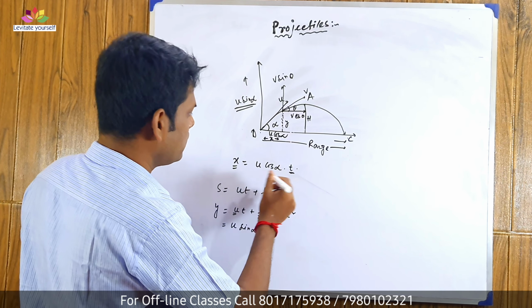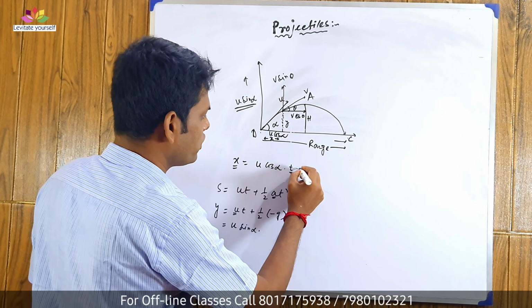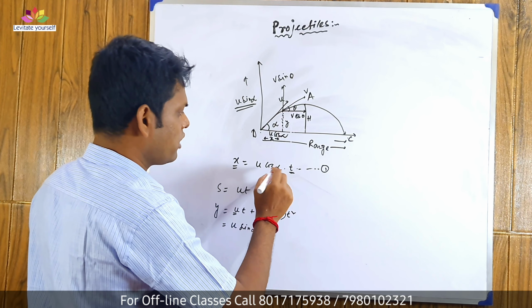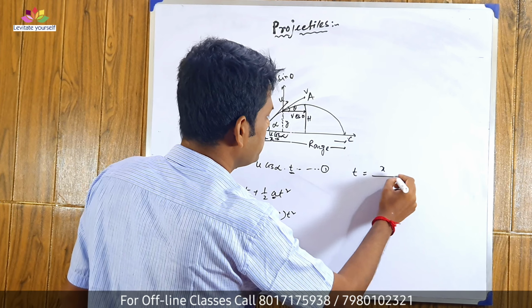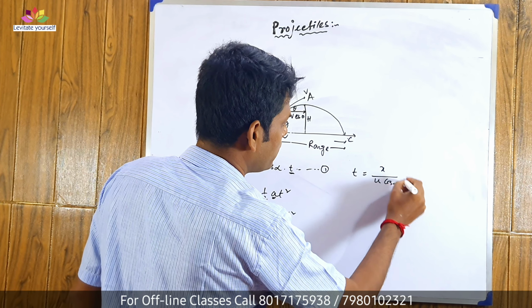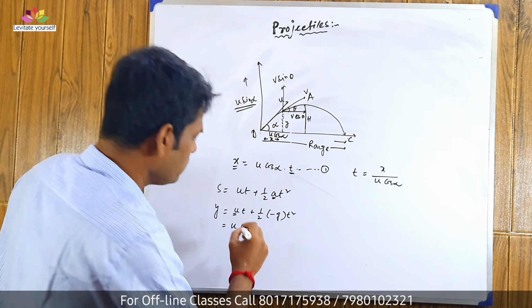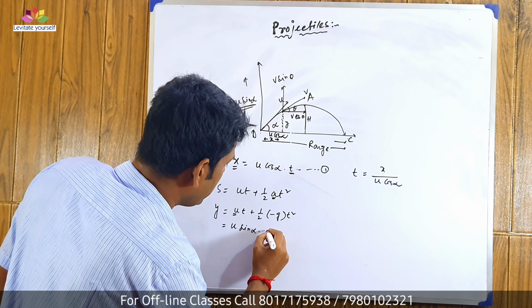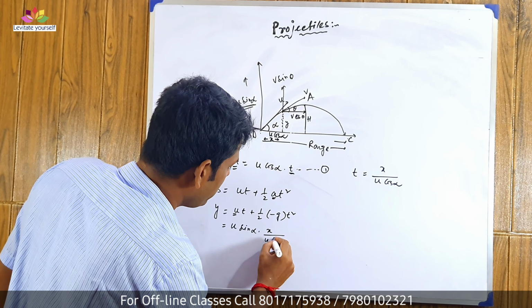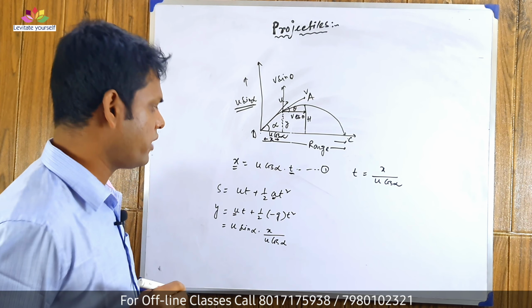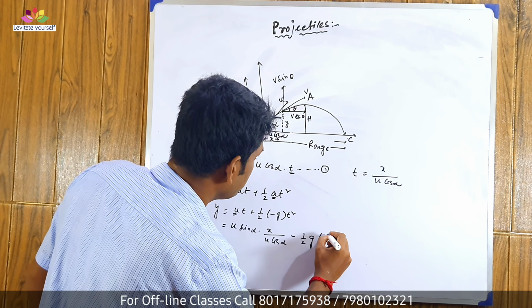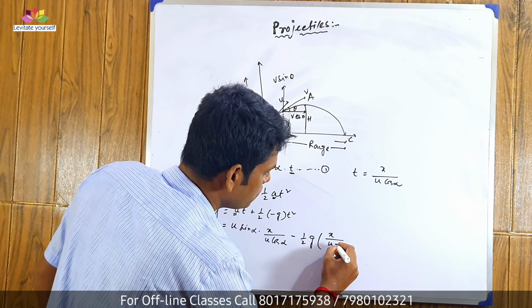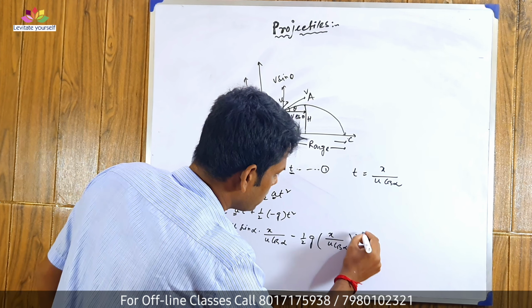So y is equal to u sin alpha into t minus half g t square. From equation number 1, t is equal to x by u cos alpha. Putting this value, y is equal to u sin alpha times x by u cos alpha, minus half g times x by u cos alpha whole square.